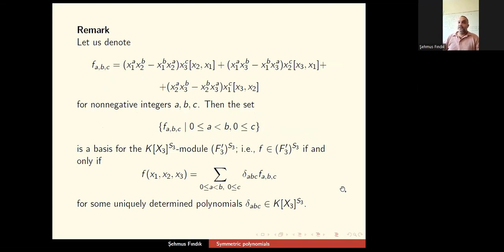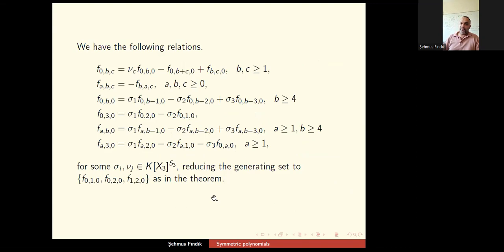So the idea of this one is that, first of all, you have a general element in F3 prime, and then if it's a symmetric polynomial, it should be in this way. So it is f_ABC times a symmetric polynomial coming from k[x3]^S3, and then this is the general form. After that, we are trying to reduce the number of generators. So these are some reductions here.